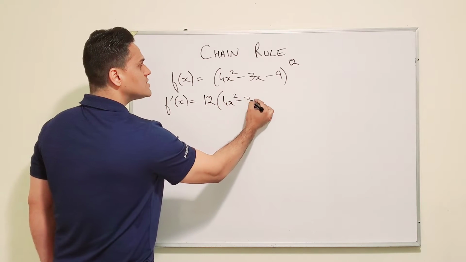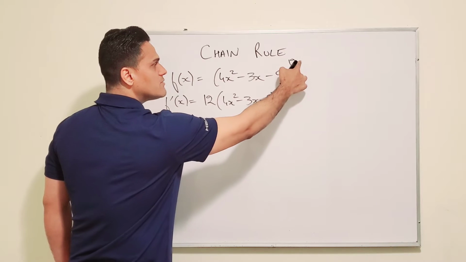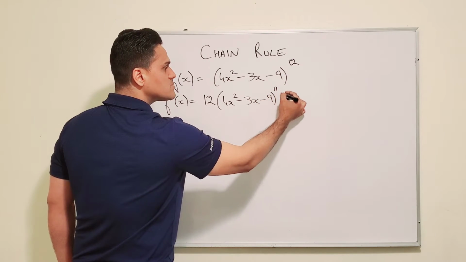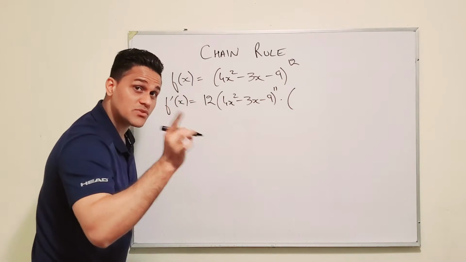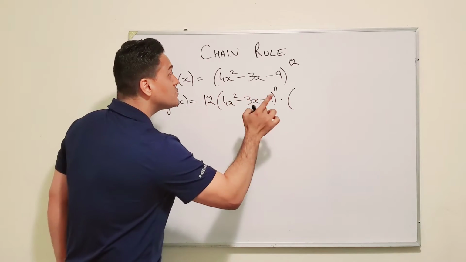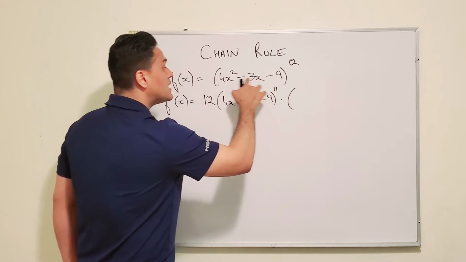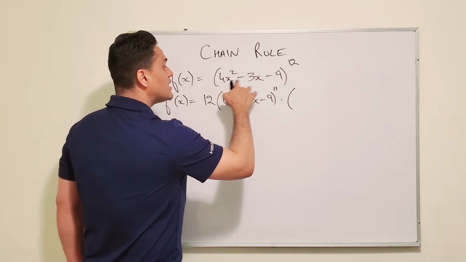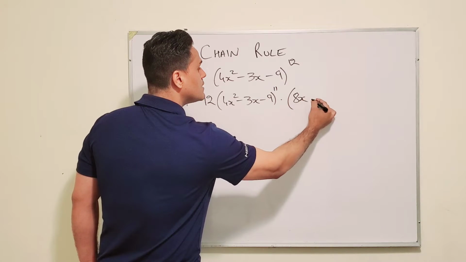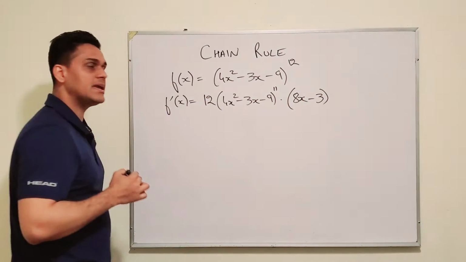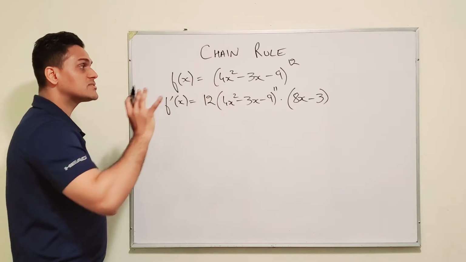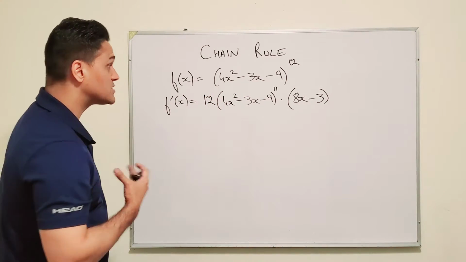And now the power is going to go down by 1, so this would just be 11. Times, and this is where the chain rule comes in, times the derivative of the inside. So the derivative of this whole thing is going to be 8x minus 3, okay? I'm not going to solve this further because I just want to make sure you understand the concept first, okay?